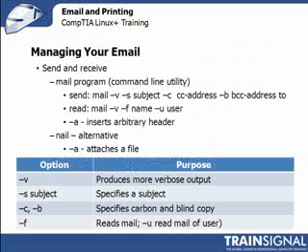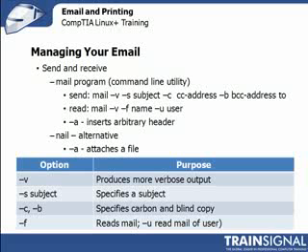The most basic command line email program is simply called mail. With mail, you can send and receive email using the following commands. The first is send with the format mail space followed by options followed by the email address that you want to send to.